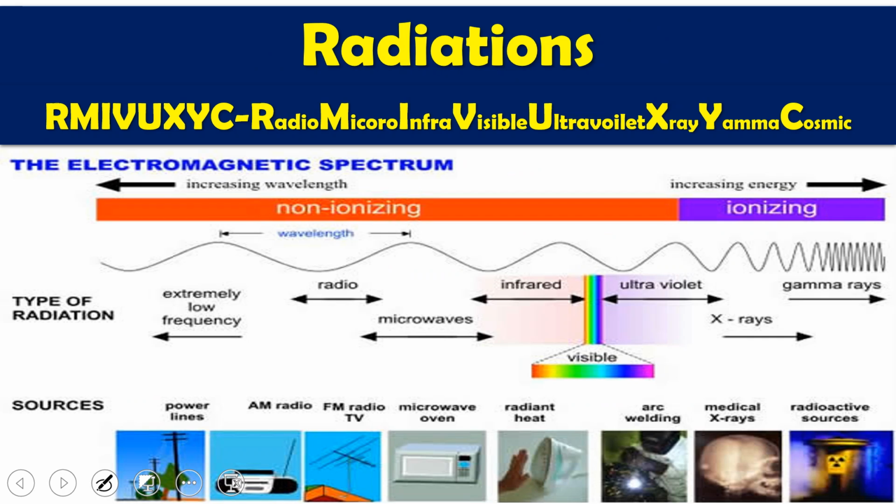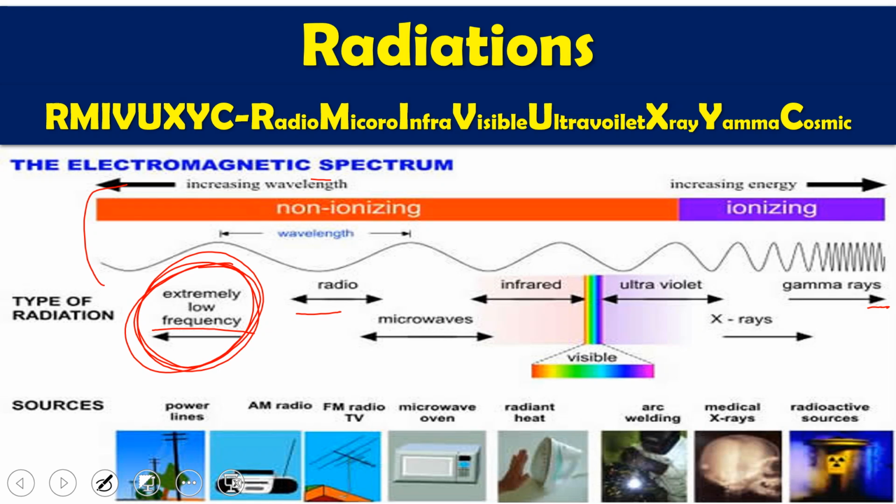So these are the radiations which start here with radio or extremely low frequency and end with gamma and cosmic radiations. This side we have very low frequency. You know that frequency is directly proportional to the energy and inversely proportional to the wavelength.